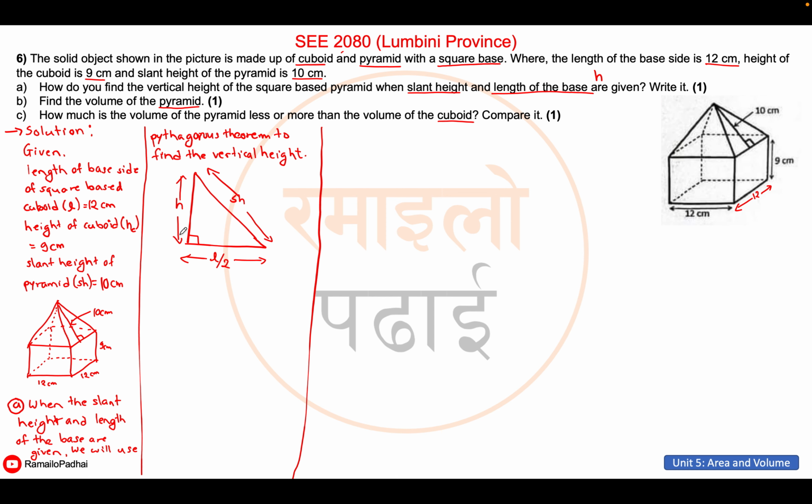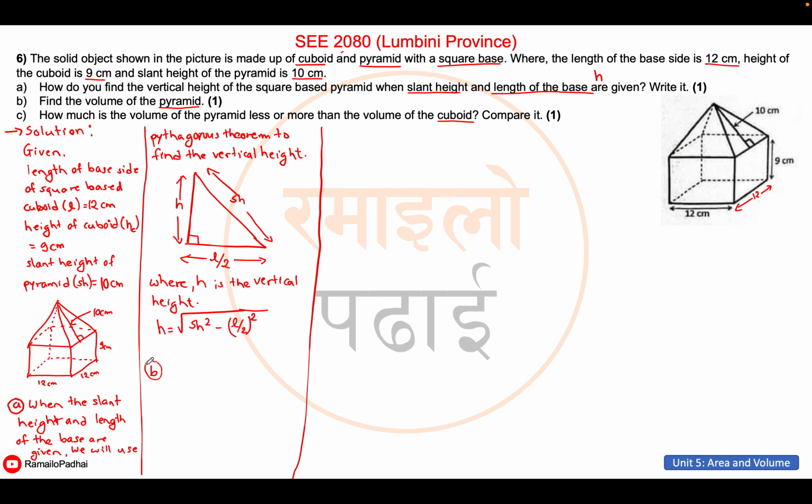You draw it vertical in the exam. Okay, so where H is the vertical height, H is equal to root under SH square minus (L upon 2) square. Okay, now this is about the solution of A.